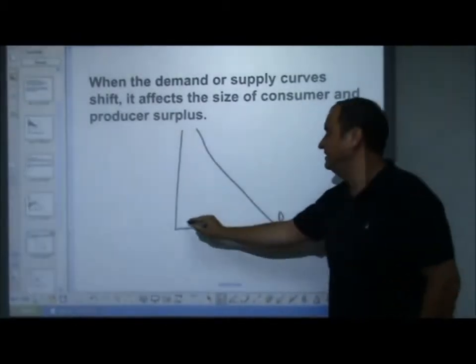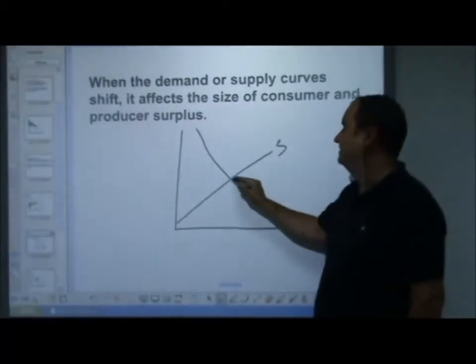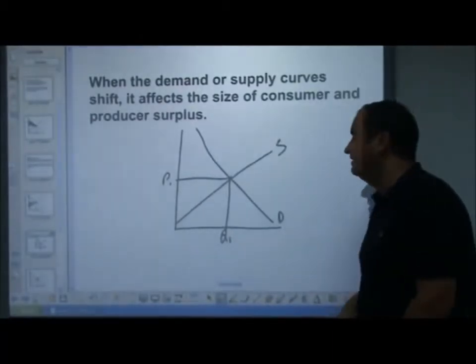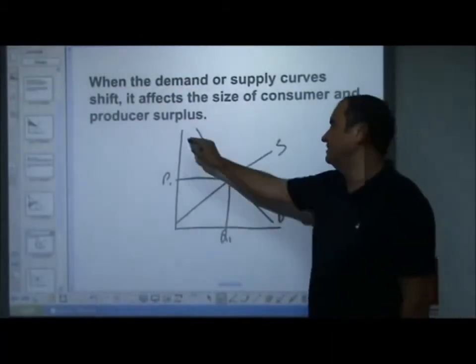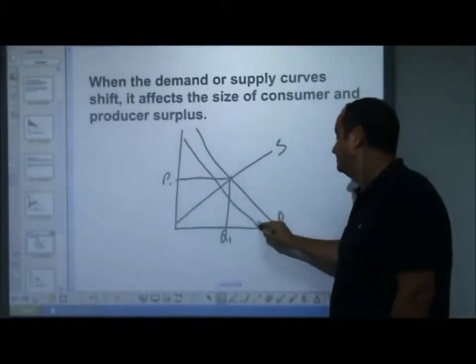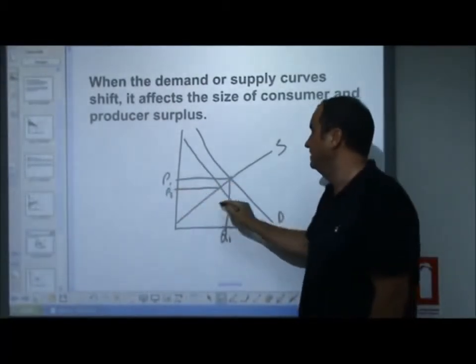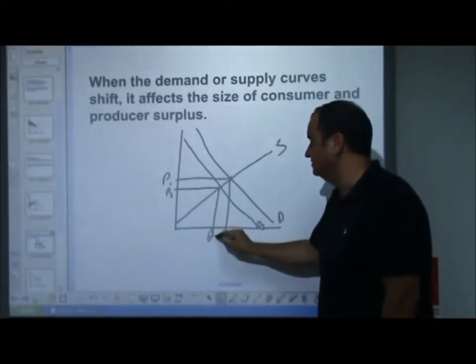Here's the demand curve, here's the supply curve, there's the equilibrium price, there's the equilibrium quantity, and now let's have a fall in demand. Demand falls to D2, price falls to P2, quantity falls as well, Q2.